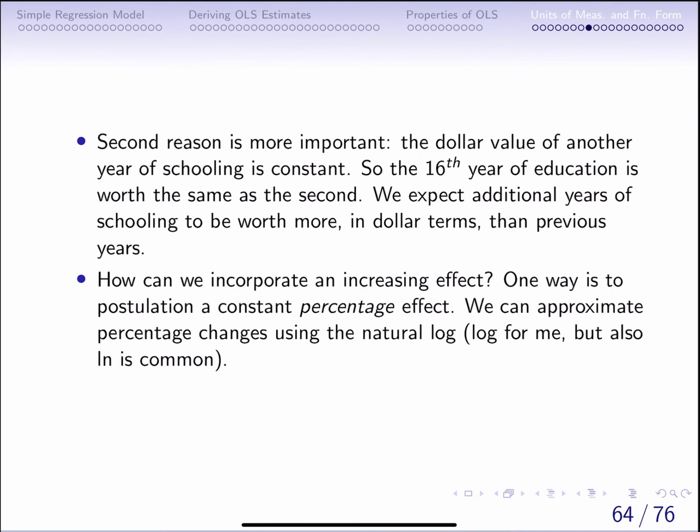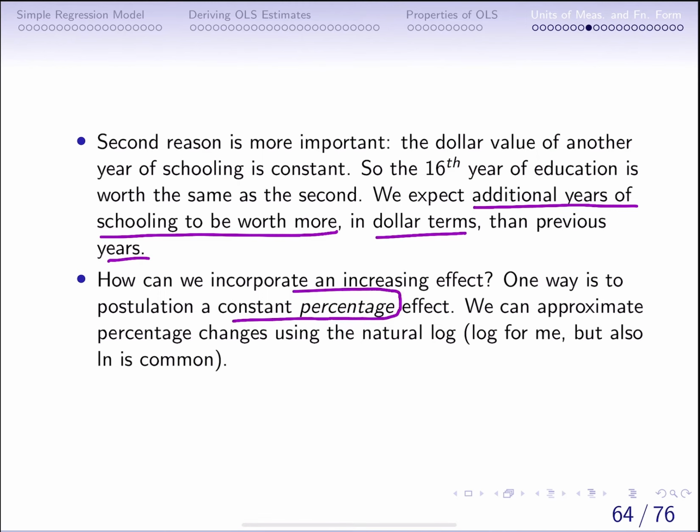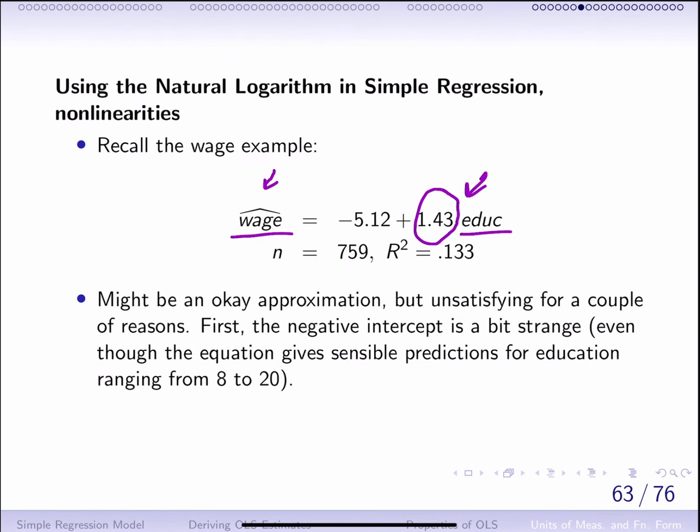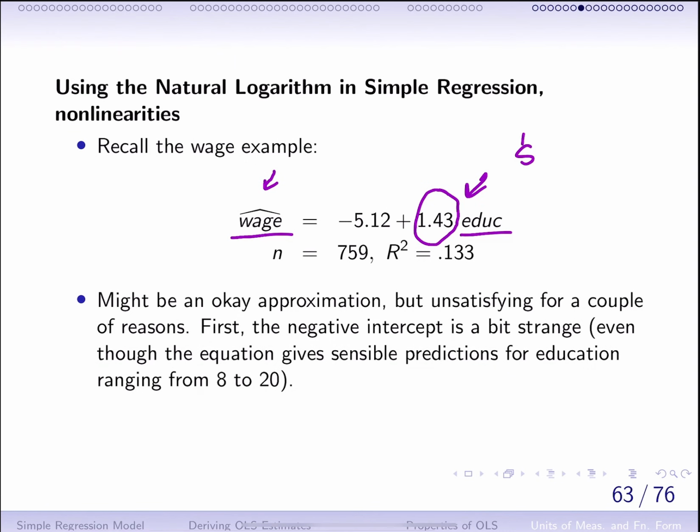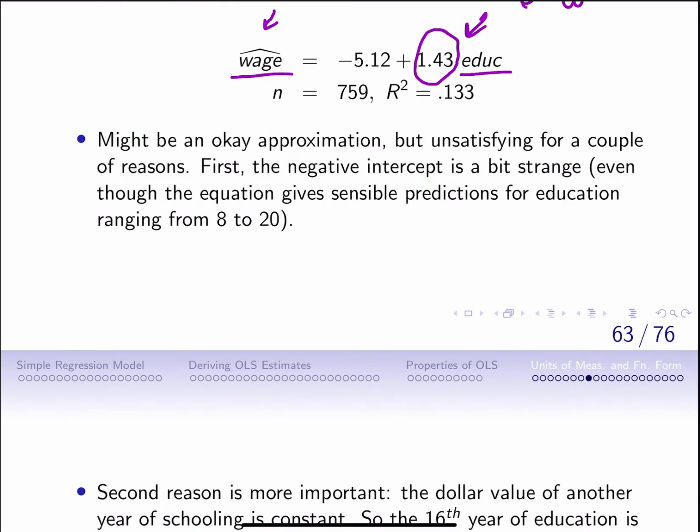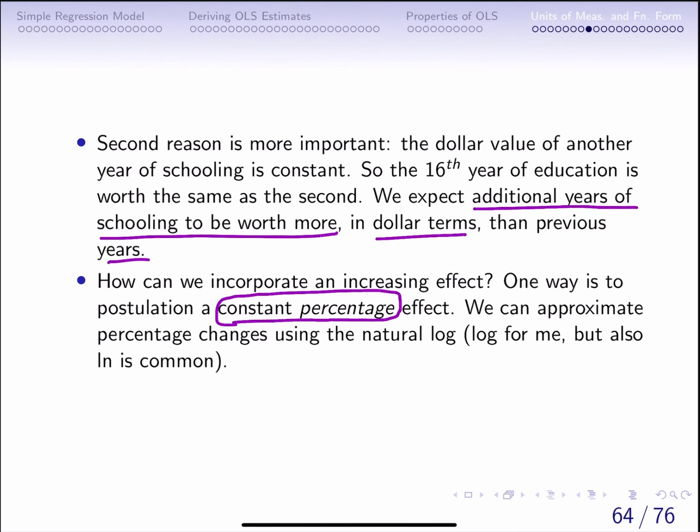So how do we incorporate the fact that we think that the additional years of schooling are worth a lot more in dollar terms than previous years, right? One way to do this is to introduce a constant percentage effect. So right now, what we have is just capturing a dollar effect, right? We're just saying that the hourly wage goes up by $1.43 on average with each additional year of education, holding everything else constant.